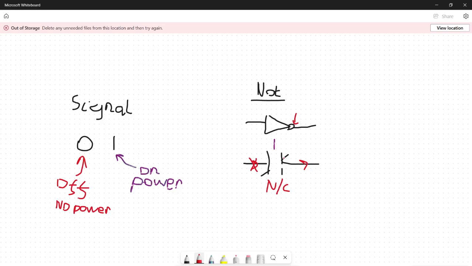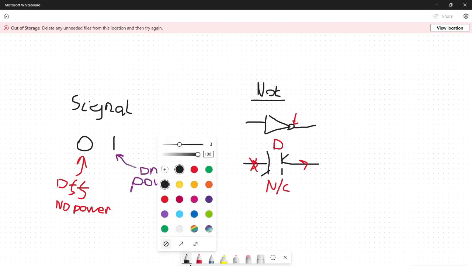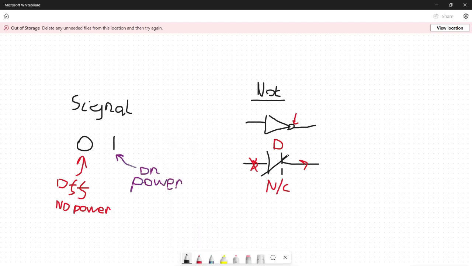But when we bring it back to 0 again, then the contactor will close and the current is allowed to flow. And this will then make its way to our output state.